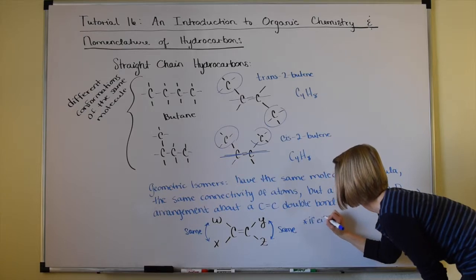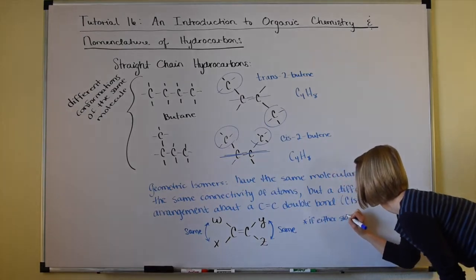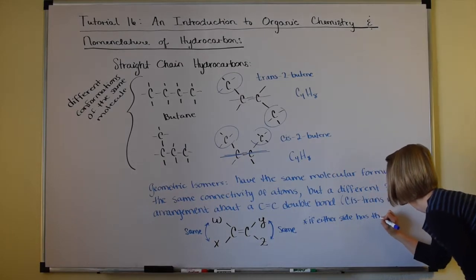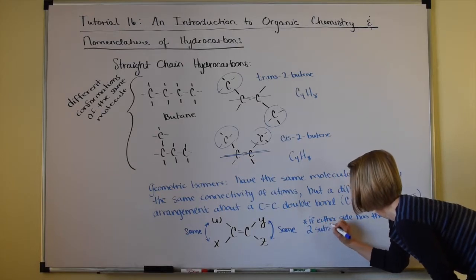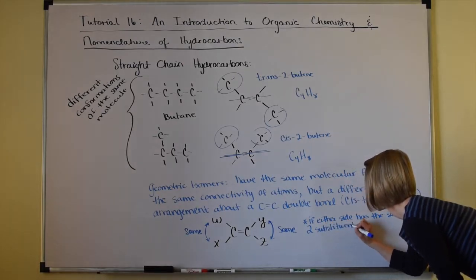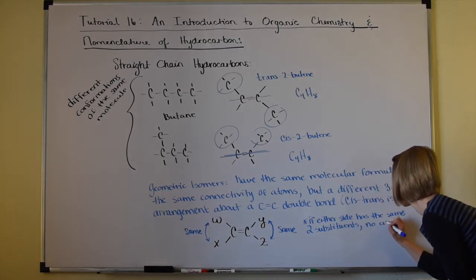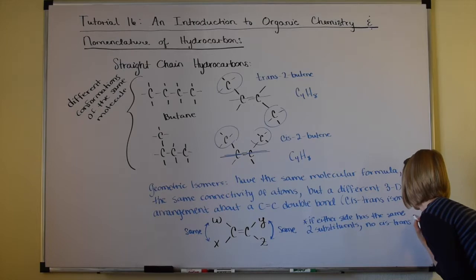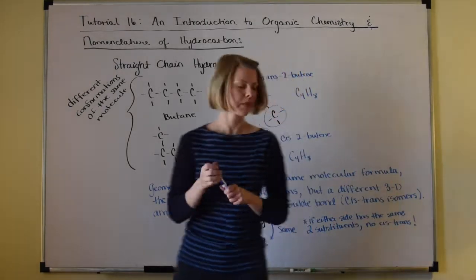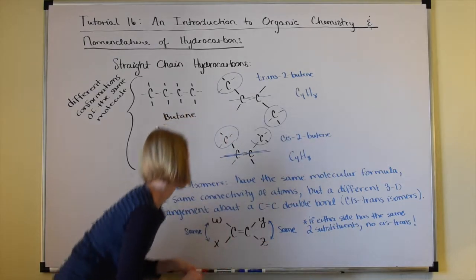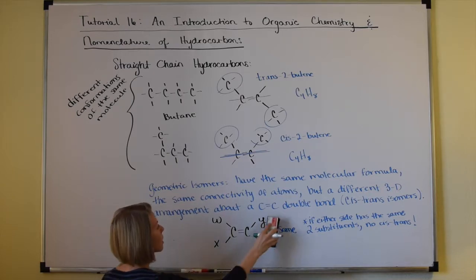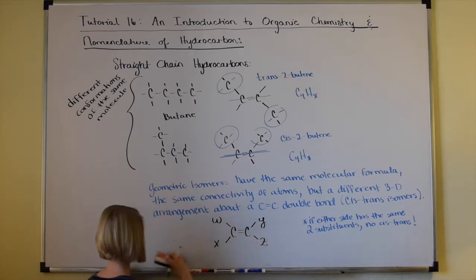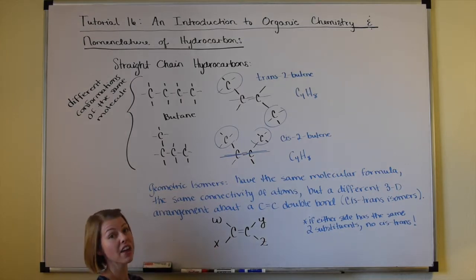If either side has the same two substituents, there are no cis-trans isomers. Okay. All right, let's go to the green. And I'm going to go ahead and erase this. So it doesn't have to be both sides the same. If either side is the same, no way, you don't have cis-trans isomers.